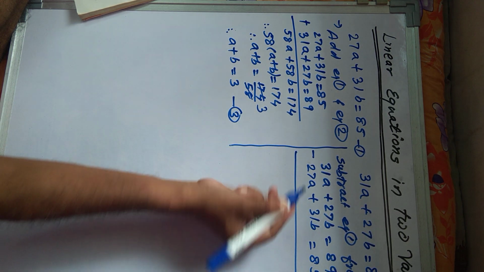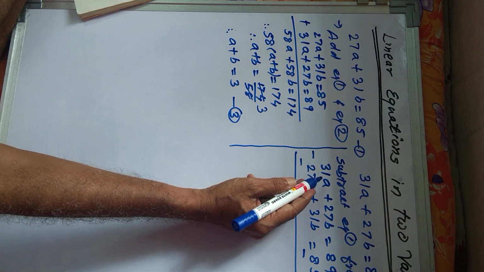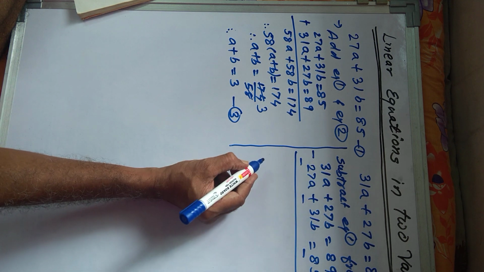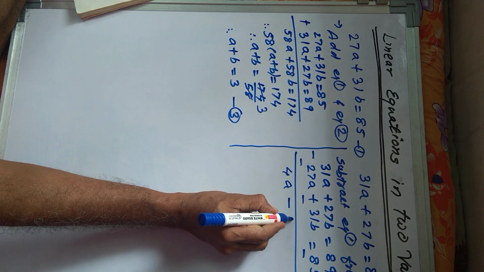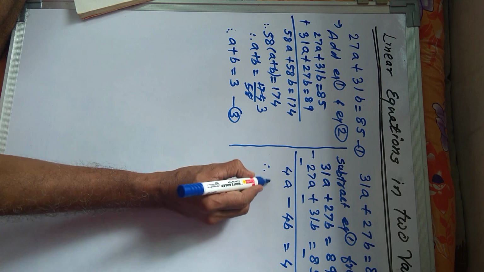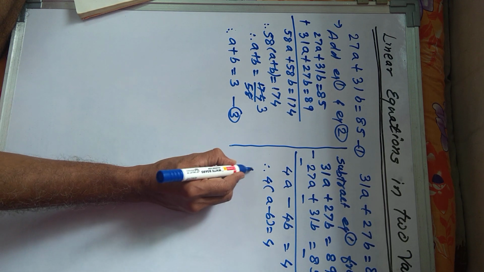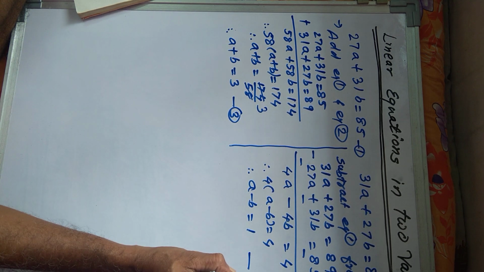Now we have to change the sign. Therefore, 31a minus 27a gives 4a, minus 4b is equal to 4. Take 4 common, a minus b is equal to 4. Hence, a minus b is equal to 1. That is equation number 4.